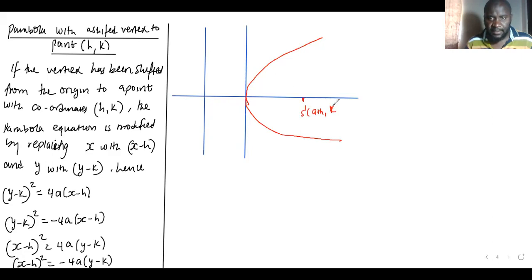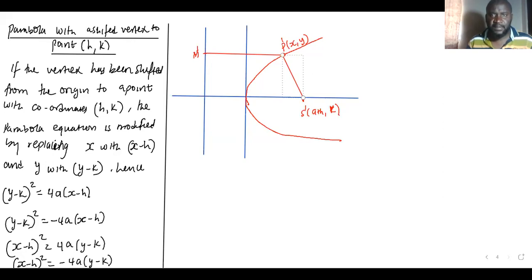It's no longer at (a, 0). Then we have our variable point here, P, which is (x, y). This is a new P. Then we have our directrix here at M, a new M. Then we can have our line from M up to P, and our line from S up to P.